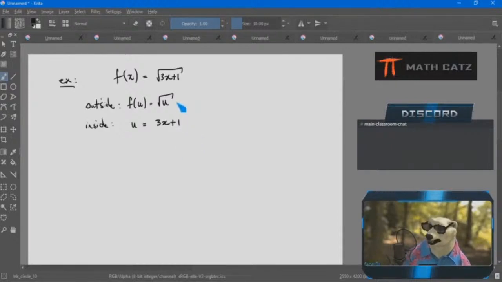So I specifically want to use my name for my inside function as the variable in the outside function, because then I can very easily see u is the thing inside the square root, u is equivalent to 3x plus 1, therefore I get the given function back.